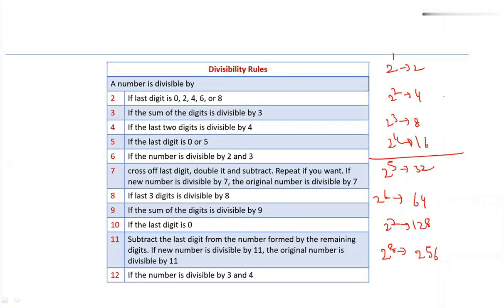Cyclicity is nothing but, if you see, after every 4 powers of 2, the units places 2, 4, 8, 6, 2, 4, 8, 6 are going to get repeated. That's the reason the cyclicity of 2 is 4. The same we will apply for the remaining numbers also to find the cyclicity. Okay. That's how I have given the chart.